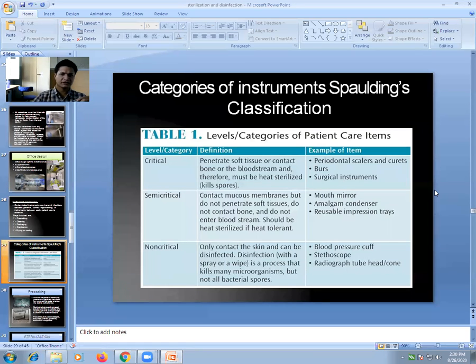You can write these things down if you have pen and paper. Three types of categories. Number one, critical. Number two, semi-critical, and number three, non-critical.